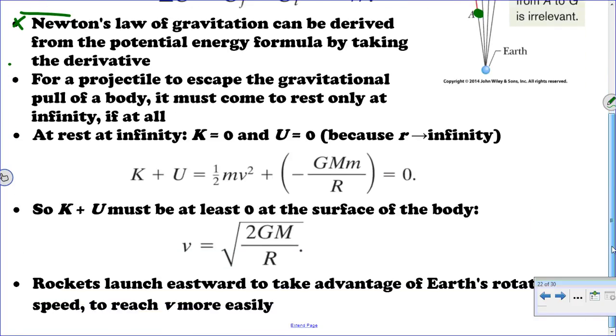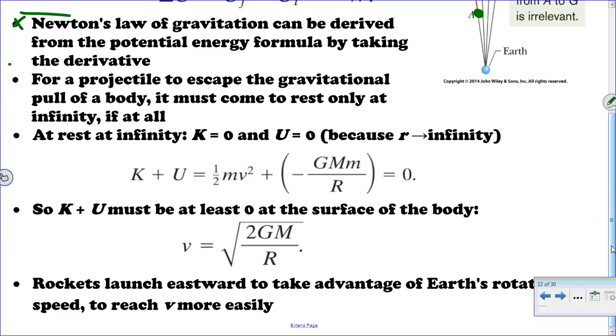Our goal is we want it so that when we get to an infinite distance away from the Earth, what would our gravitational potential energy there be? Zero, right? So we want to still have some kinetic energy at that point. Does that make sense?